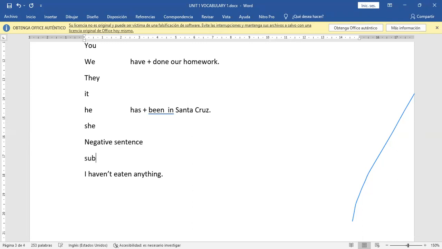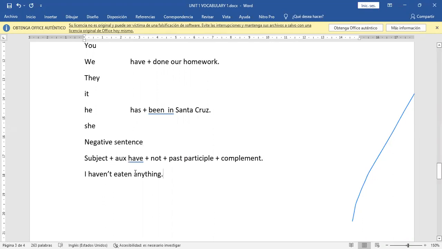What do we need? Subject plus a verb. In this case, auxiliary have and negative not, plus past participle, plus complement or object, period, okay?